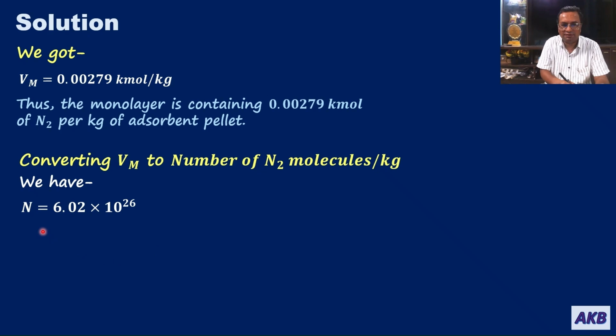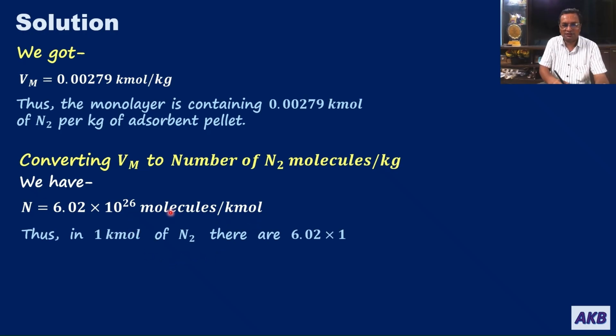For that, the Avogadro number is given to us. It is 6.02 into 10 to the power 26 molecules per kilomole. What is the significance of this Avogadro number? 1 kilomole of nitrogen contains 6.02 into 10 to the power 26 molecules of nitrogen. So if 1 kilomole of nitrogen contains this many molecules, how many molecules of nitrogen will be there in 0.00279 kilomole?